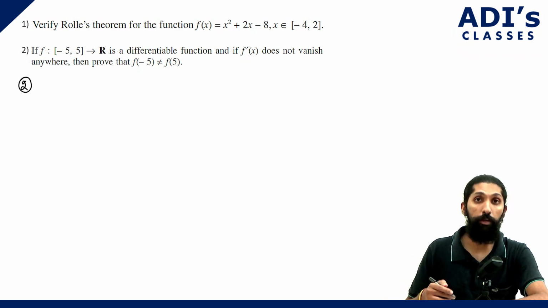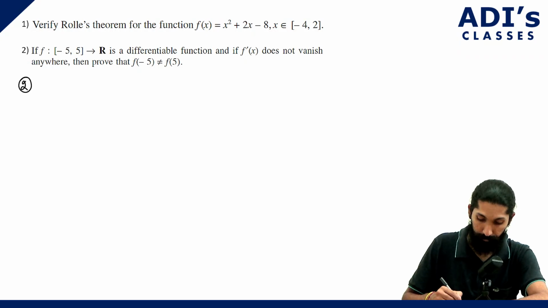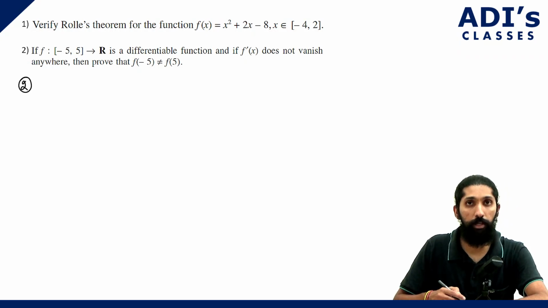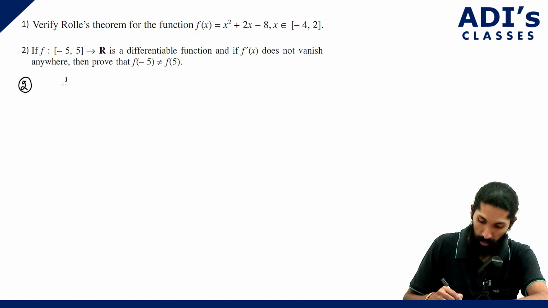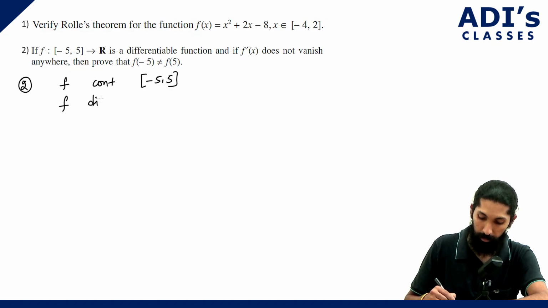But what we do know is that first and foremost it has to be continuous. So we can say f should be continuous in [-5, 5], and f is differentiable in (-5, 5), correct?